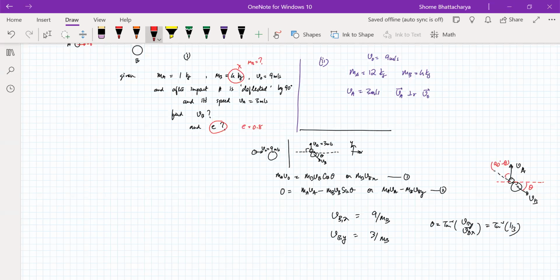So the separation velocity is going to be VB plus VA cos of 90 minus theta, which becomes VA sin theta. So VB is 3 by MB square root of 10, isn't it?